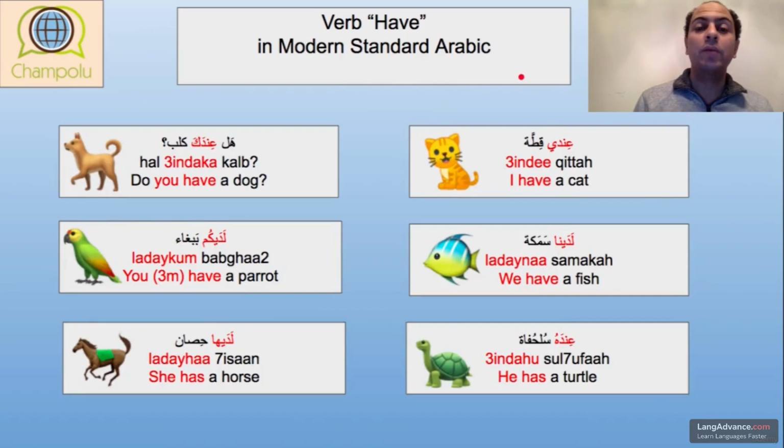The verb have and its equivalent in Modern Standard Arabic, عند and لدى, can be used to indicate that we have some pets. So we can say something like عندي قطة, I have a cat. هل عندك كلب, do you have a dog?